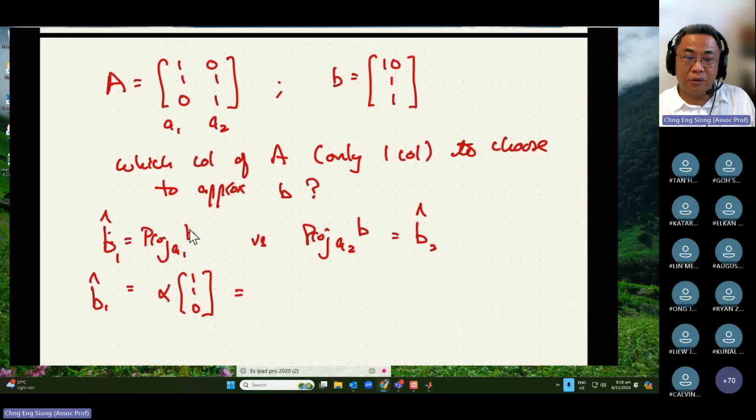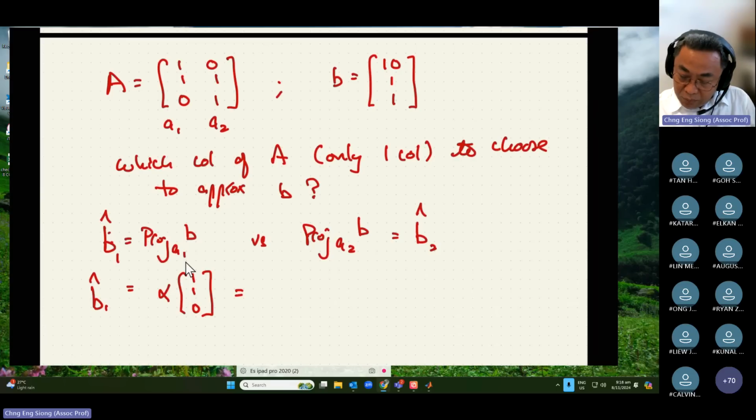How does the projection of B onto A1 look like? What's the equation? Do you remember? Right, so Abel is correct.